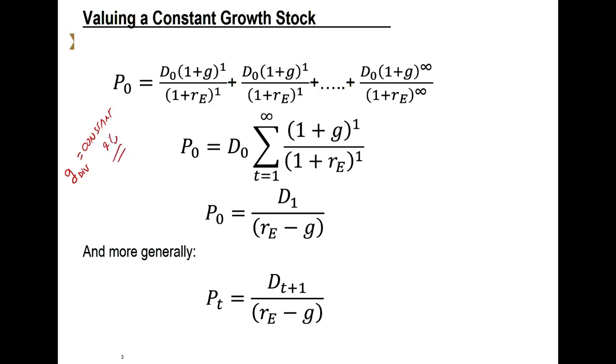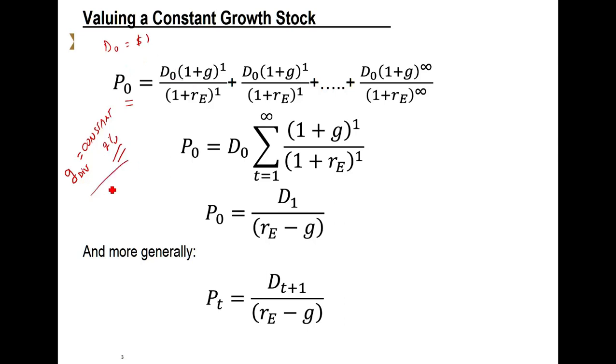So if I were to tell you, how much is this stock worth to you? The answer would be, well, let me first find out what I expect to receive in the form of payments. So what would you receive in the form of payments? If you're standing today at time 0, what would be the price of that stock? It will be the present value of those benefits, of those payments. What are those payments? Well, if today, let's suppose the dividend that every stockholder receives is $1, then the future payments are going to be just that $1, D sub 0, growing at what rate?